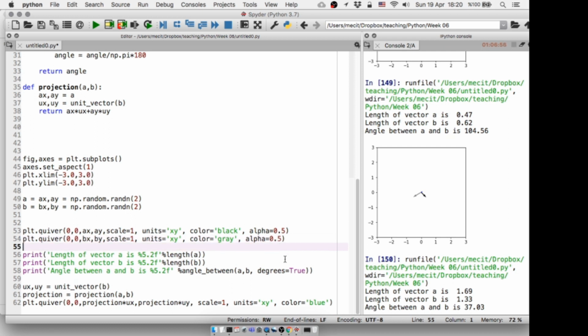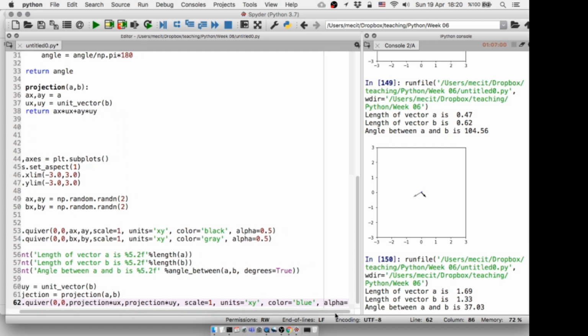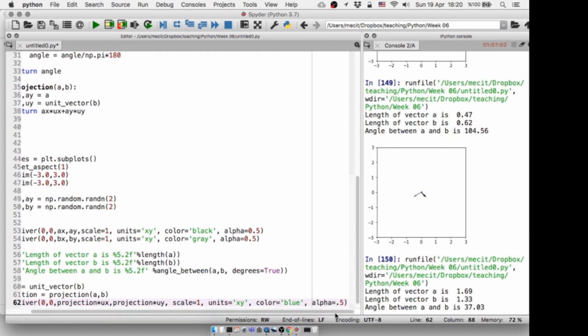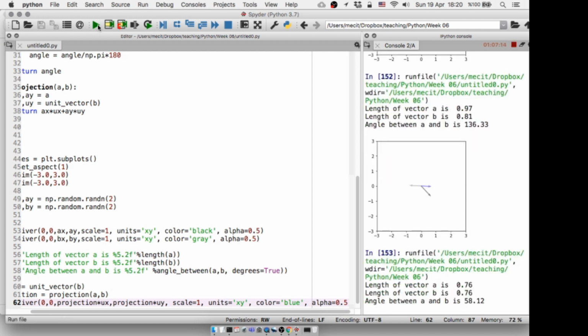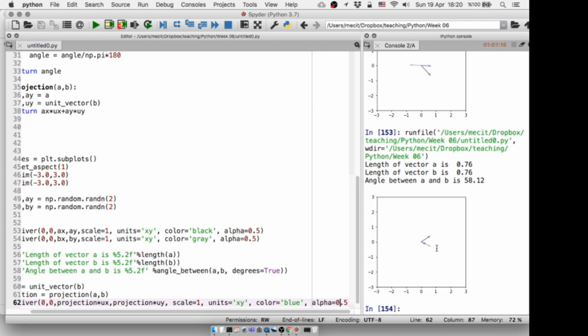So here is another alpha 0.5. When the vectors are on top of one another, we can see through them by making them transparent. Okay, so here we can see the vectors better. So that's the B vector and the projection.